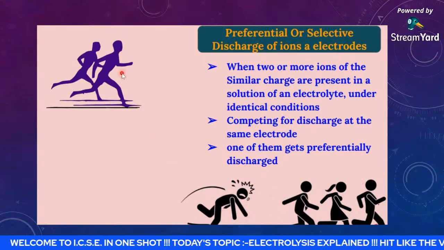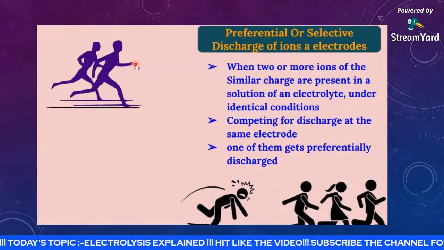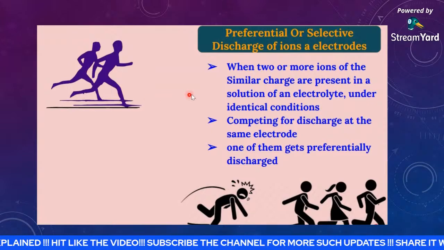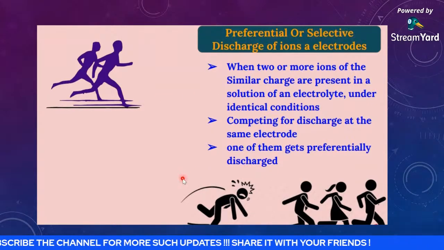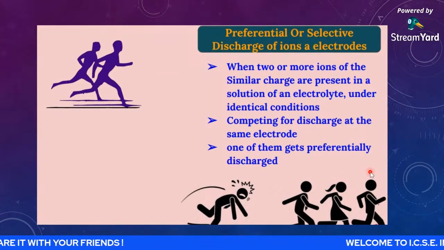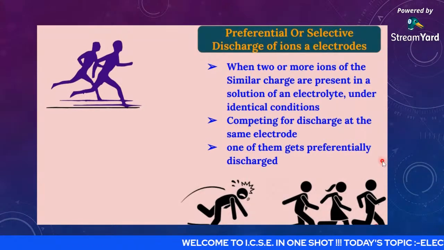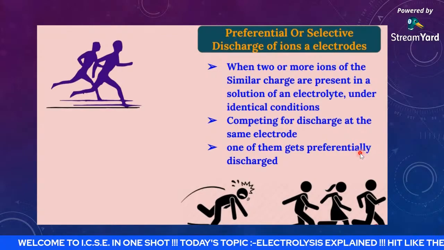Likewise, in a sprinting event, not everyone gets the dignity of being first. Similarly, only the ion which is lowest in the electrochemical series gets preferentially discharged first. Very nice.